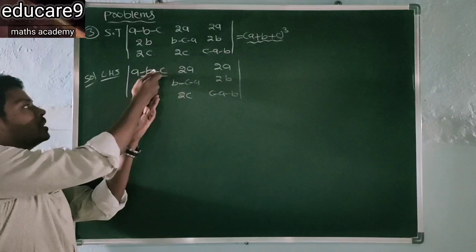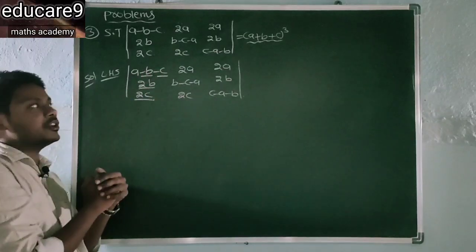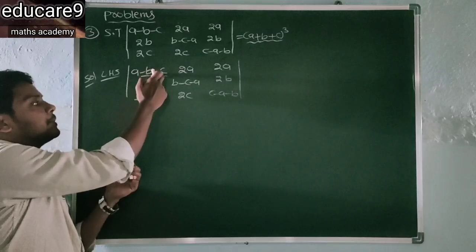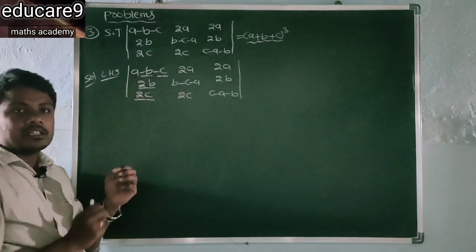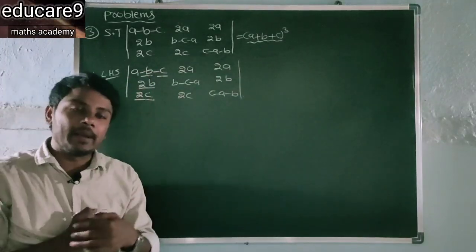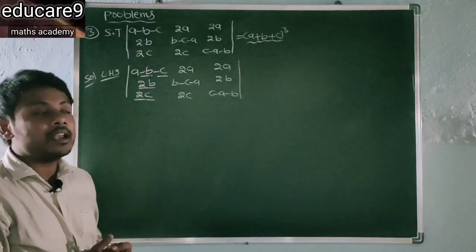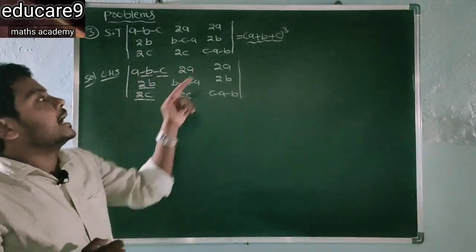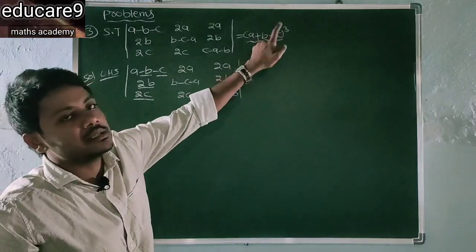If you add these three, what will you get? A minus B plus 2B is B, minus C plus 2C is C. So clearly you will get A plus B plus C when you add R1, R2, R3.